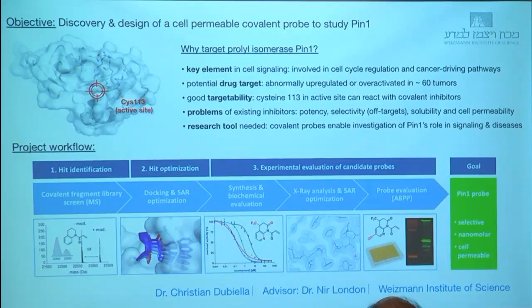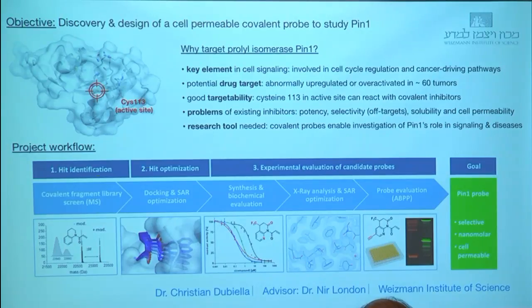And there are some existing inhibitors, but they have a lot of problems with solubility, cell permeability, and so on. This is why we're looking for research tools that could be used to investigate this very interesting enzyme.